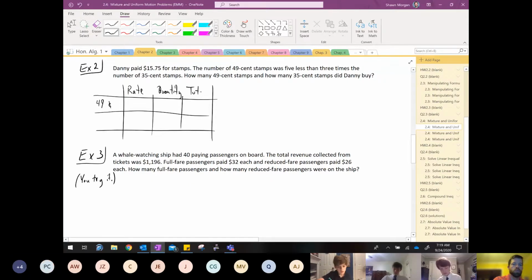And Paul, what's the relationship between those 3 words? Rate, quantity, and total. In other words, what do we do with them? Rate times quantity equals total. Yeah, very good. So we're going to multiply rate times quantity, and we're going to set that equal to the total.